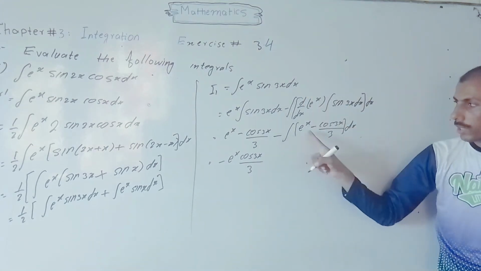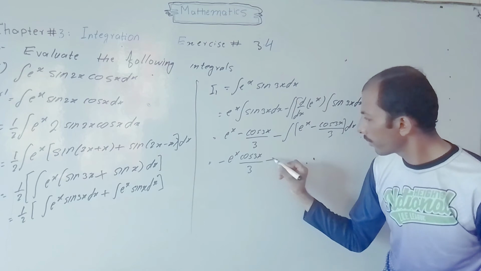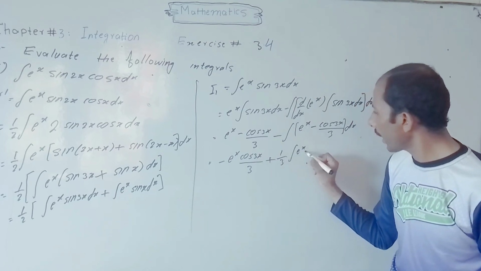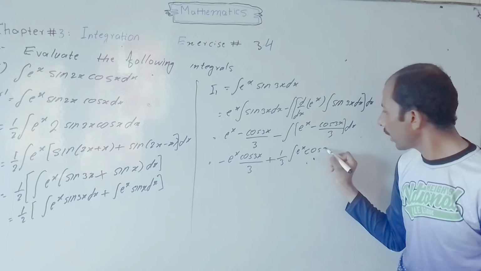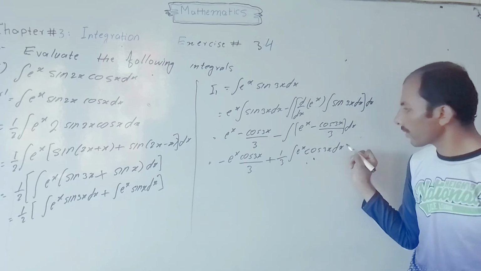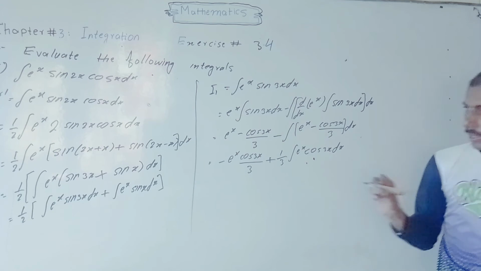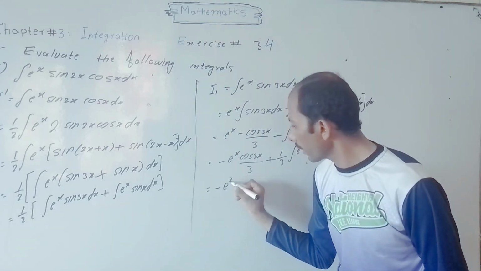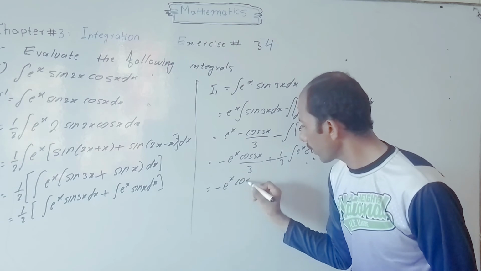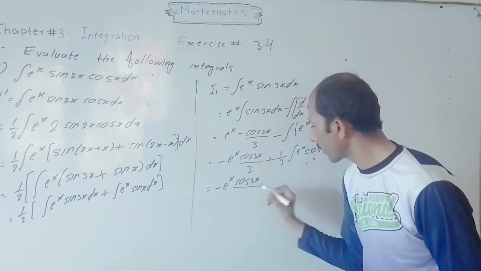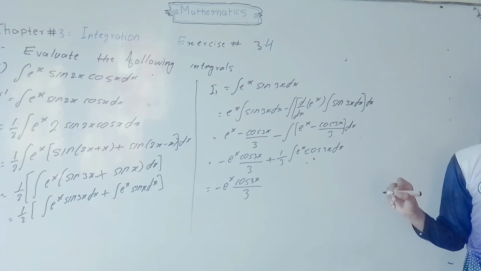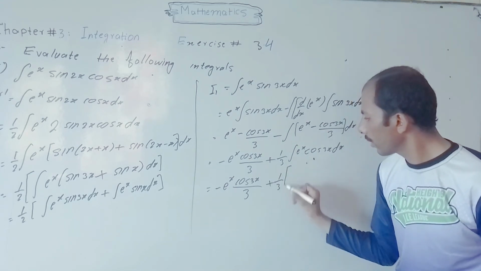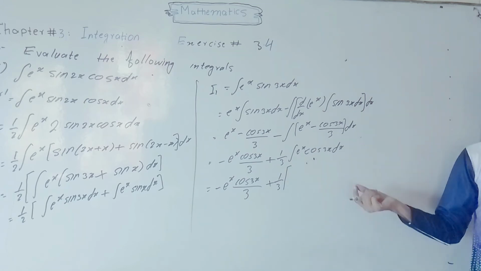So minus multiply minus plus 1 divided by 3 integral e power x cos 3x into dx, which is equal to minus e power x into cos 3x divided by 3 plus 1 divided by 3, again applying integration by parts.